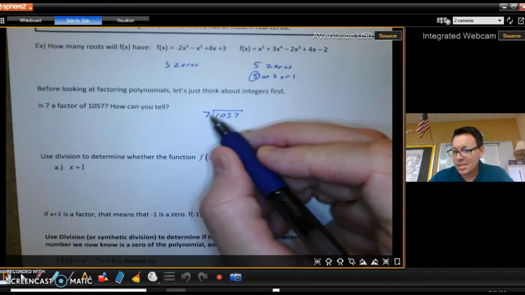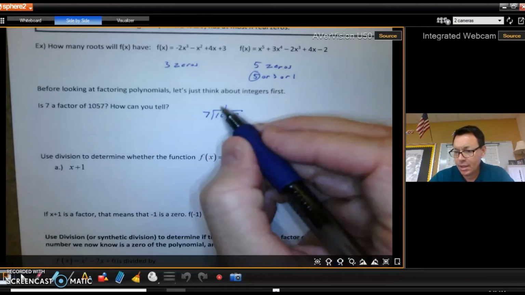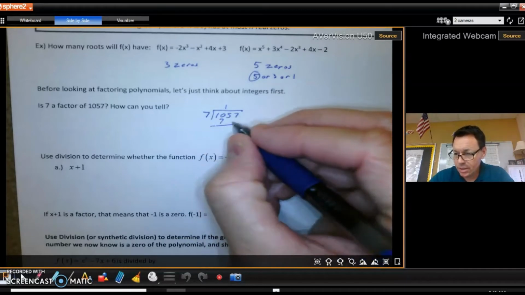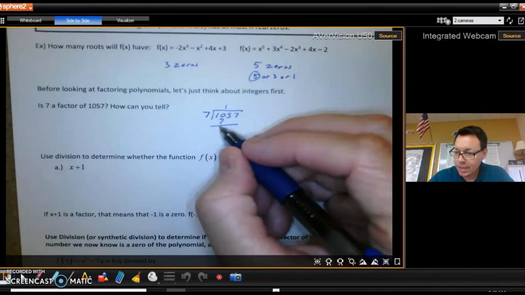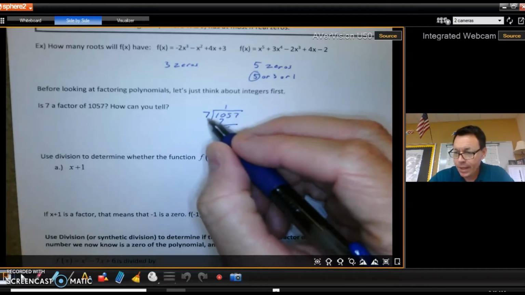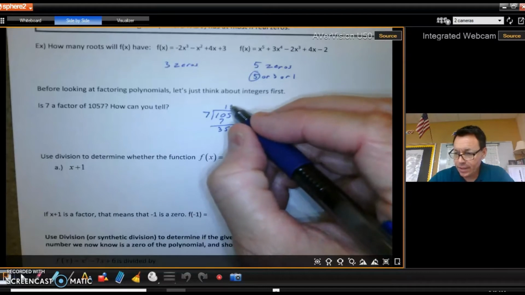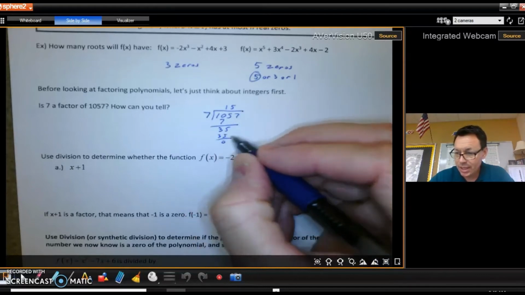So 7 does not go into 1, but 7 does go into 10 one time. 1 times 7 is 7. Subtract, figure out how close we got. 10 minus 7 is 3. Bring down the 5. 7 goes into 35 5 times. It goes in 5 times evenly.